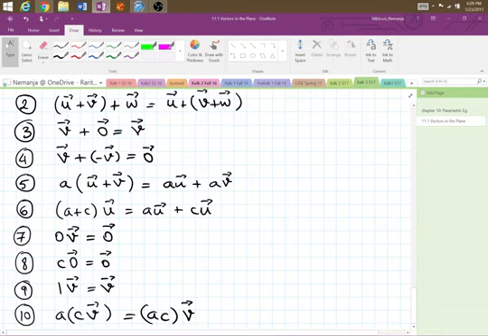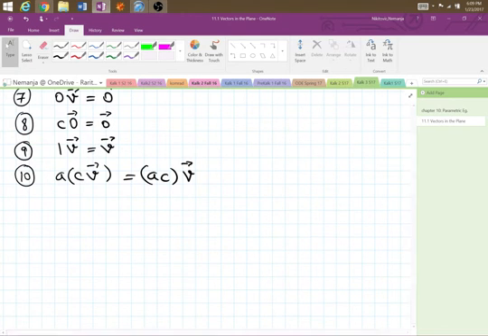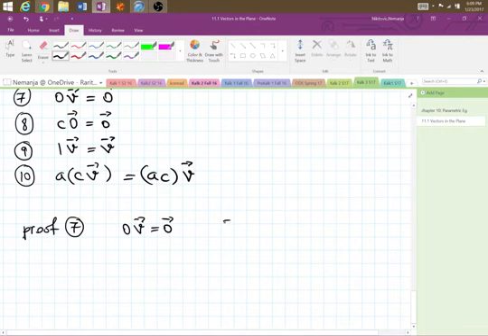So let's work out any of these. Just which number? 7? Is that what you said? 7. Awesome. Since we are in 2D, proof for number 7. 0 times v is equal to 0 vector. So vector v is given as v1, v2.